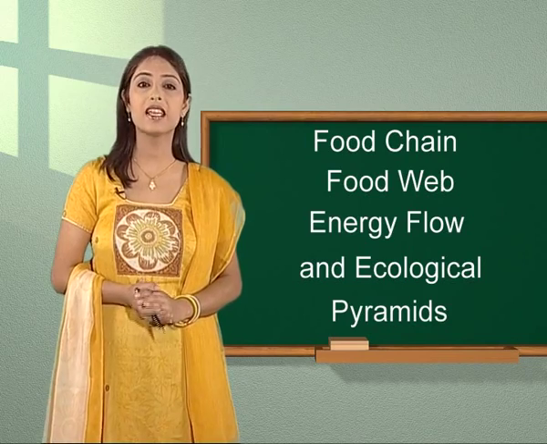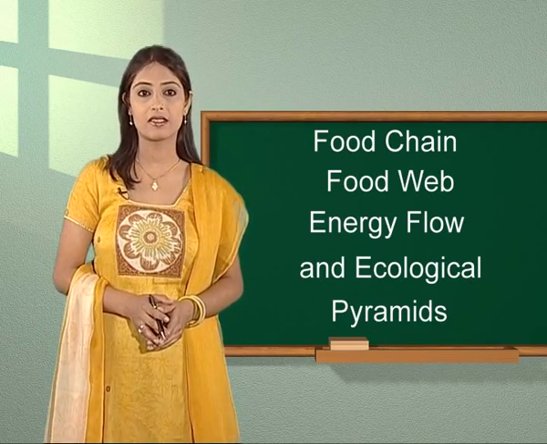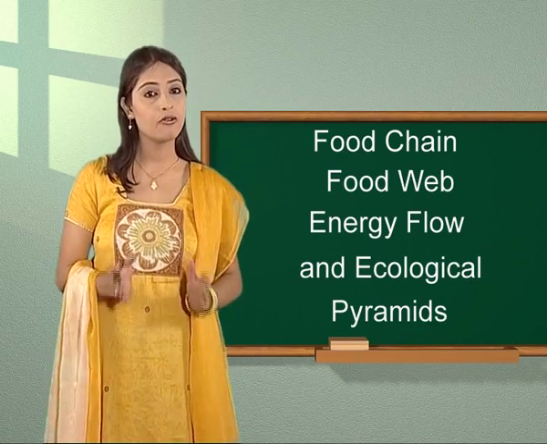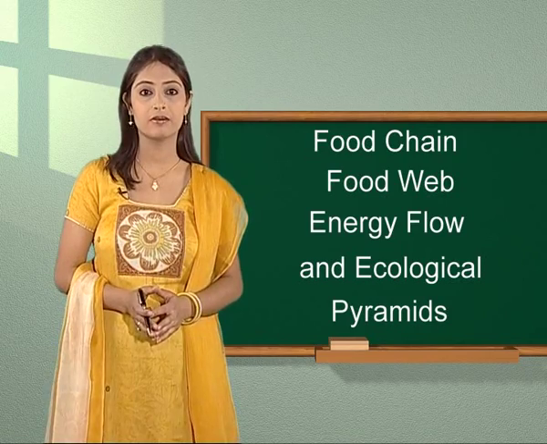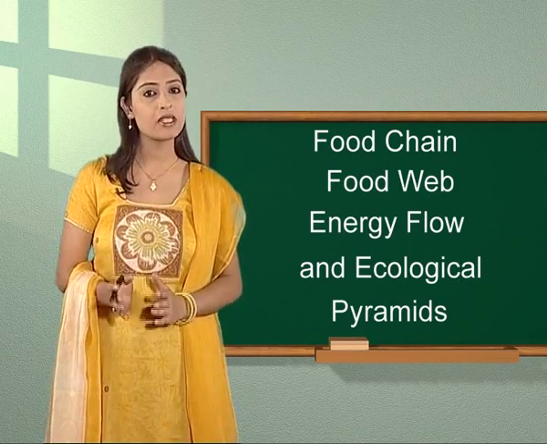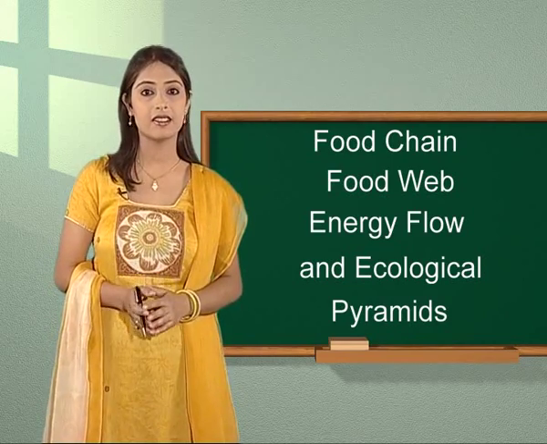Living organisms interact among themselves and also with the surroundings. These living organisms, along with surroundings, form an ecosystem. Ecosystems vary greatly in size from a small pond to a large forest or a sea.